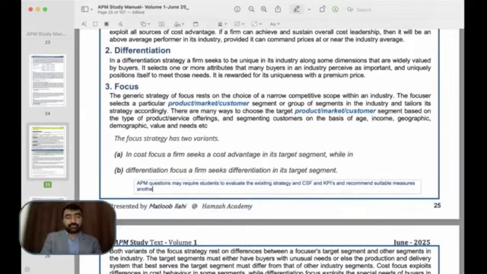And another question may test how various new projects, such as total quality management or just in time or new information systems, would help the existing strategy.